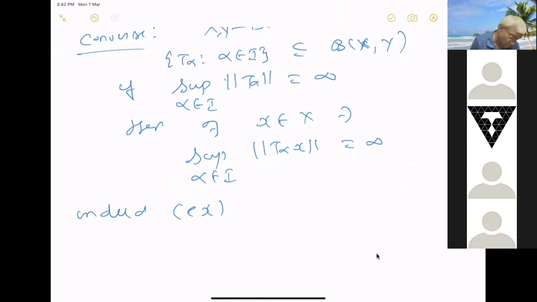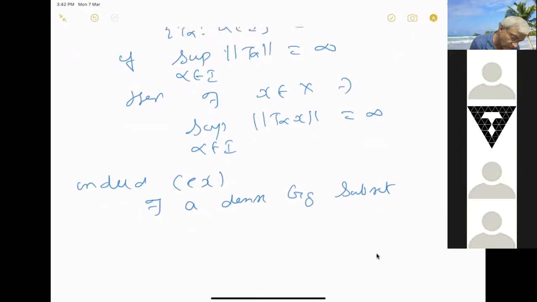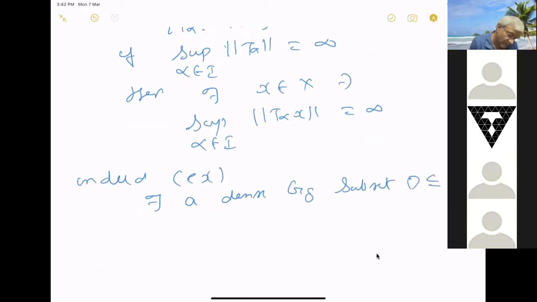So, in fact, there exists a dense G delta subset D contained in X. A G delta set is an intersection of open sets, so it's not an ordinary set.